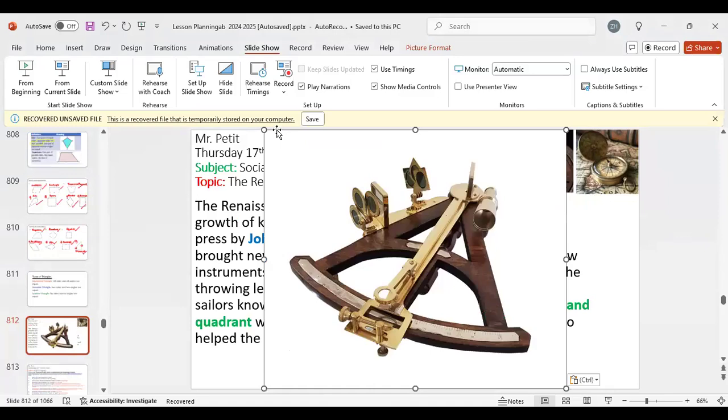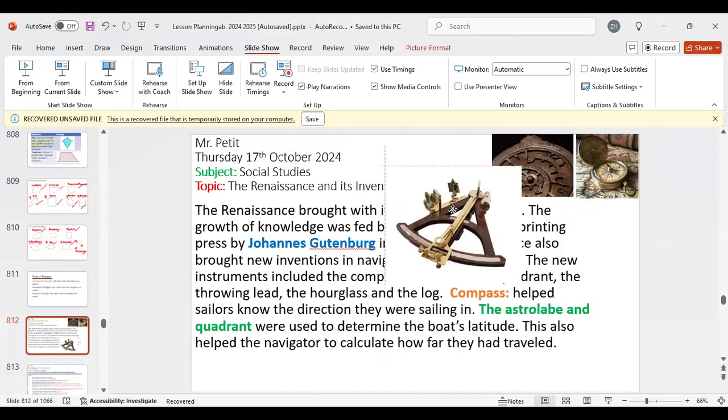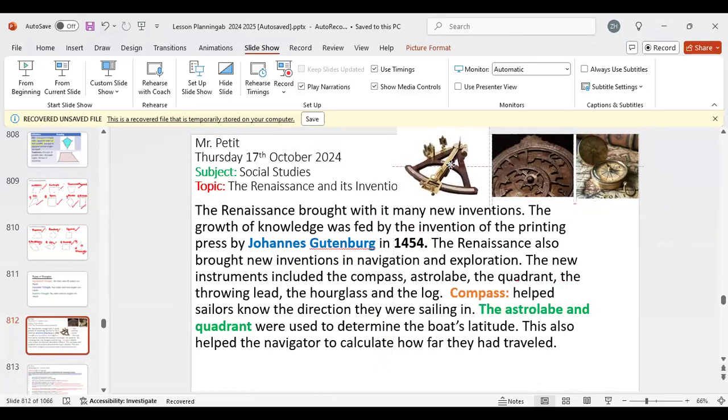As you can see, a lot of measurements and preciseness. You can't just be out on the sea and not know how to figure out or calculate where you're going and how far you traveled or where you are. That's important, so you have these instruments that help with that. The quadrant helps them measure the sun's height. I'm not sure exactly how it works.